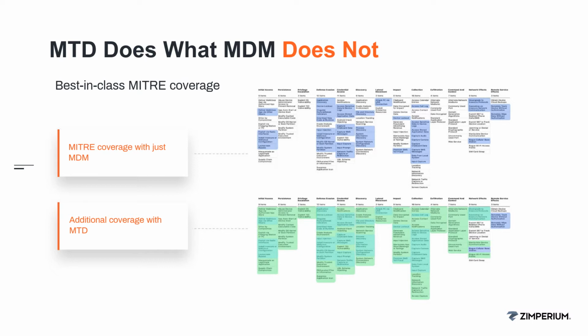But when you layer in MTD, mobile threat defense, on top of and working with the MDM, you can cover across almost the entire MITRE ATT&CK framework and put controls in place to protect your end users, protect your data. And we're not going to do it in a way that is going to hamper the mobile device in any way, shape, or form. So this is just a really great way to see how that works.